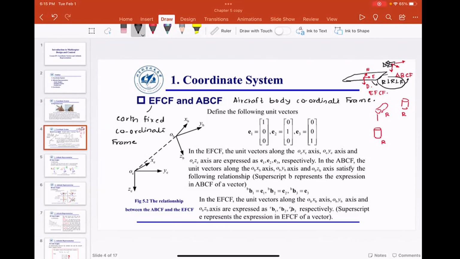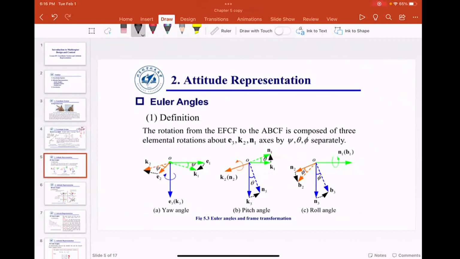And these rotation angles are what we use to find the Euler angles. So what you do is you have the Earth fixed coordinate frame, you rotate that along yaw, then you rotate that along pitch, and then you rotate that along roll, and then you land up with the aircraft body coordinate frame.